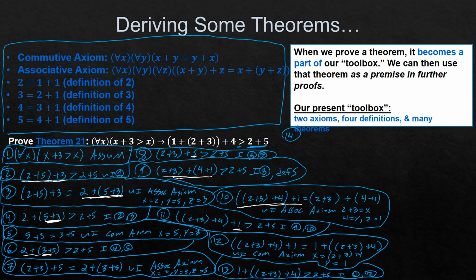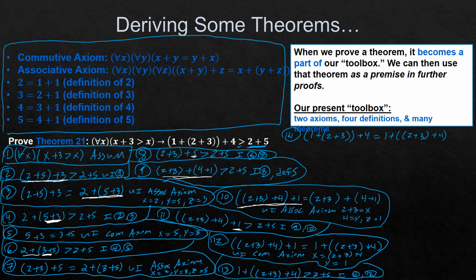So let's try that. We'll say that (1 plus (2 plus 3)) plus 4 is equal to 1 plus ((2 plus 3) plus 4).